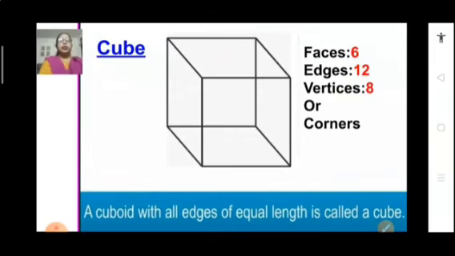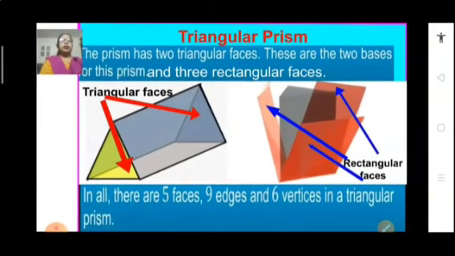Now cube. We can see cube is another solid 3D shape, and it has 6 faces, 12 edges like a cuboid, and 8 vertices or corners. A cuboid with all edges of equal length will be called a cube. Now what is a triangular prism? A prism which has 2 triangular faces.